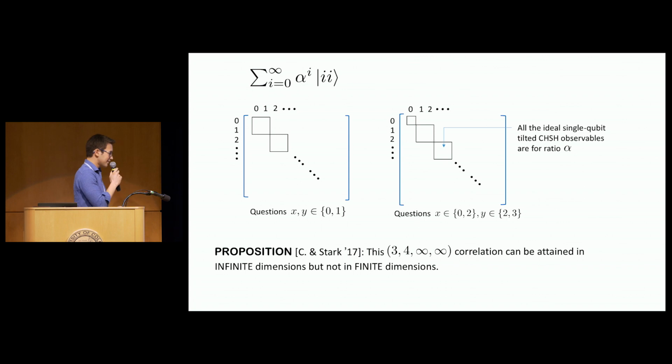The answer is no, because in the original formulation of that question, we assumed that the question sets and the answer sets are finite. Here, the answer sets are countably infinite. And intuitively, you can think that the larger the question and answer sets are, the easier it is for the power of infinite dimensions to be expressed. And in fact, here we have answer sets of countably infinite size.